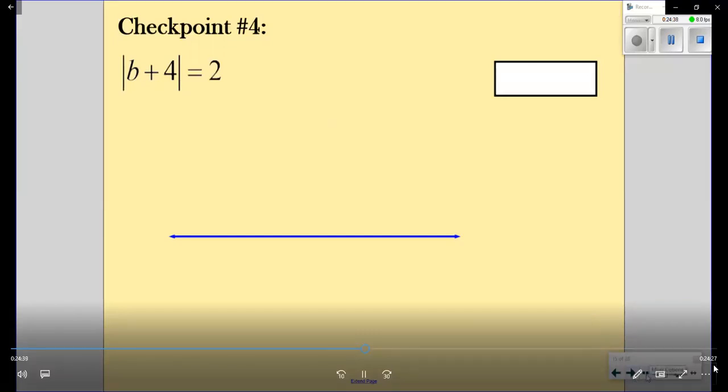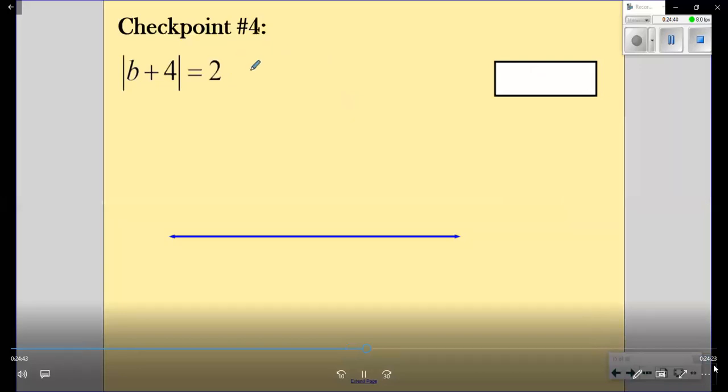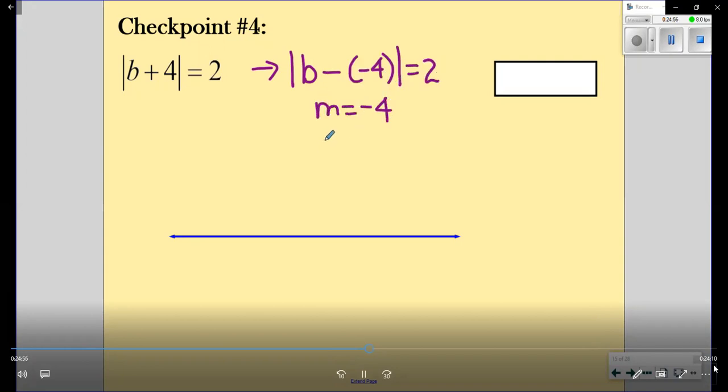And for this one, there's a plus. So we can turn that into, keep, change the sign, and then we do the opposite of the number. So then our m, our middle number, is negative 4, and our distance is 2. So we got negative 4 here.